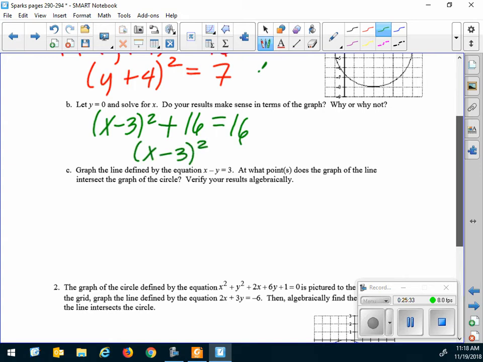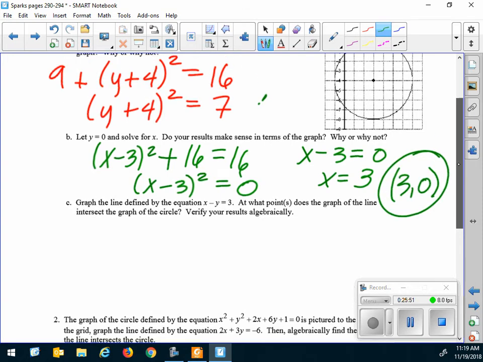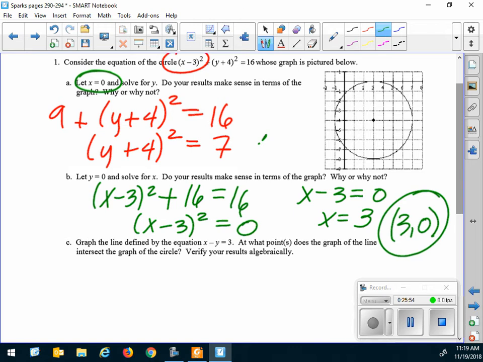X minus 3 quantity squared equals big old goose egg 0. So x minus 3 equals 0. So x equals 3. This says when y is 0, x is 3. What's that mean? How can there only be one x-intercept? Because the circle is tangent to the x-axis. Well done.